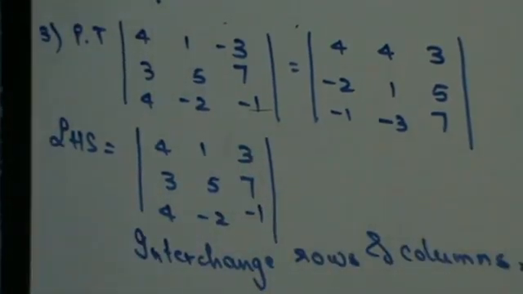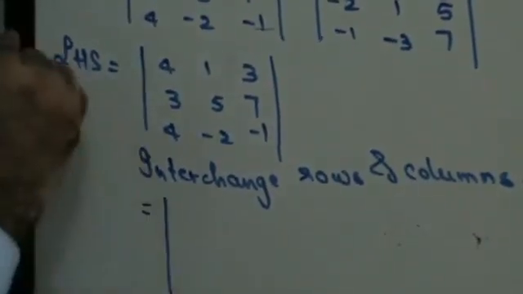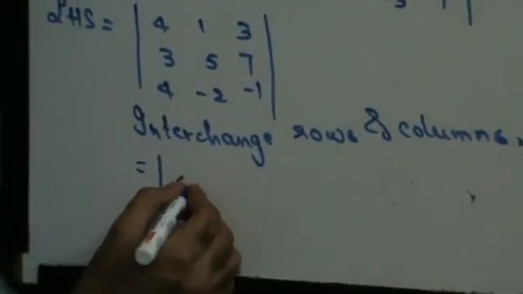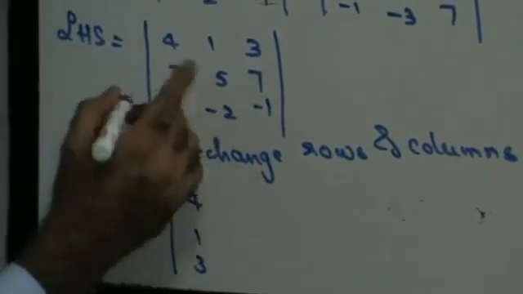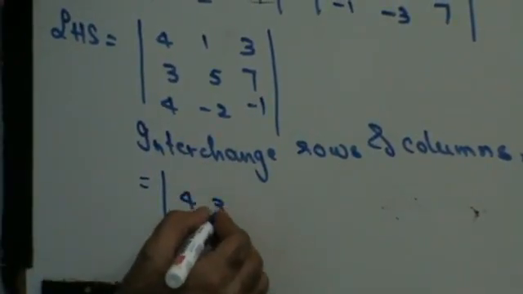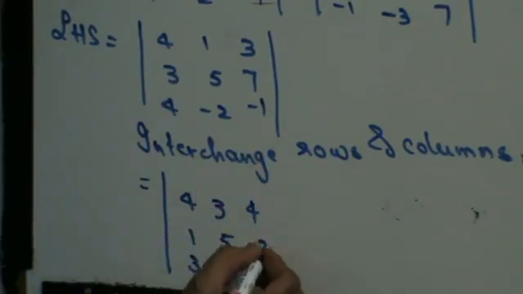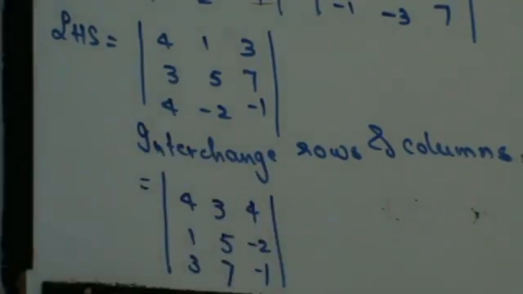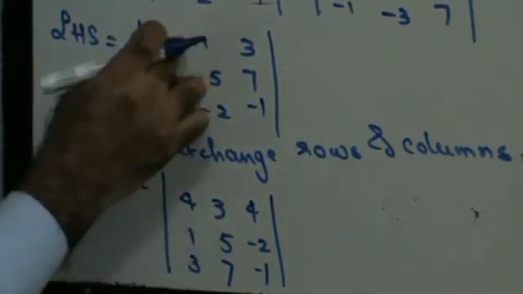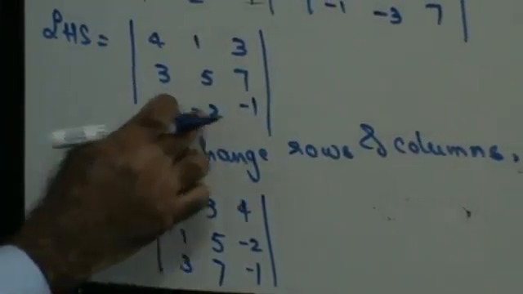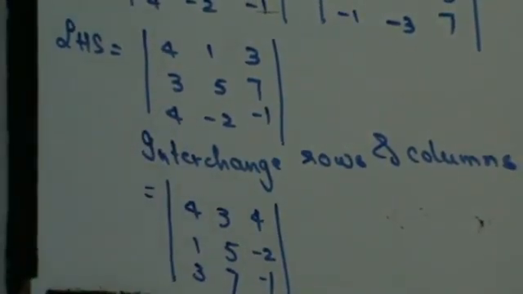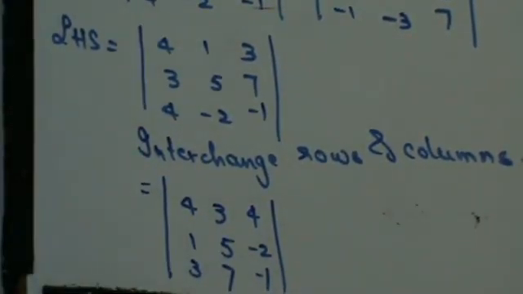If I interchange rows and columns, first row will become first column, second row will become second column, third row will become third column. This is called interchanging rows and columns. So I have interchanged rows and columns.